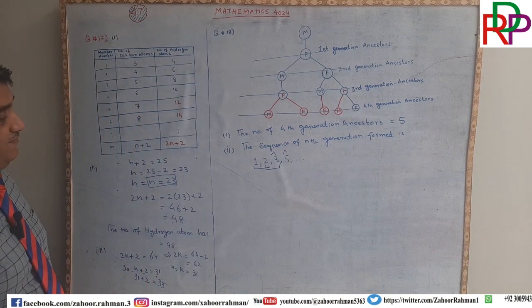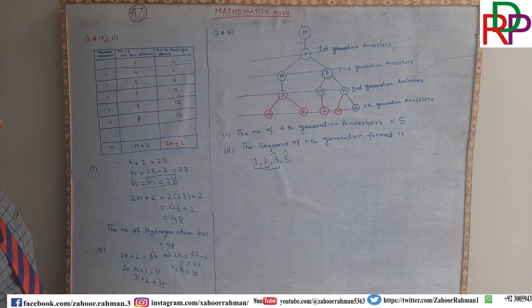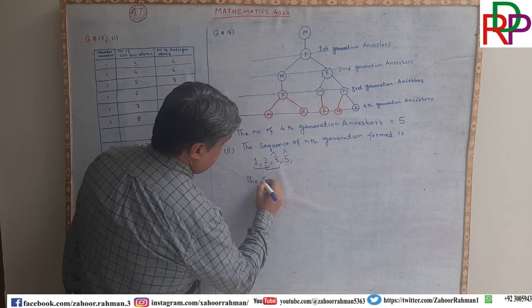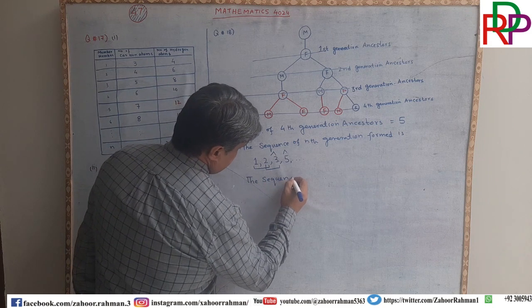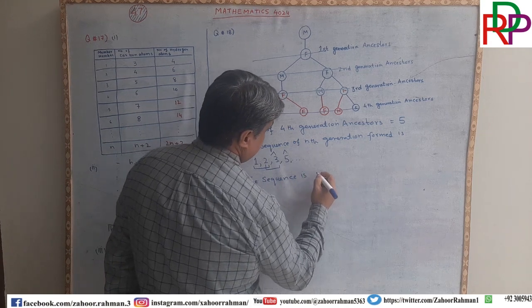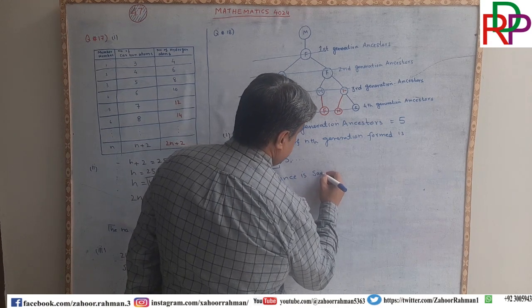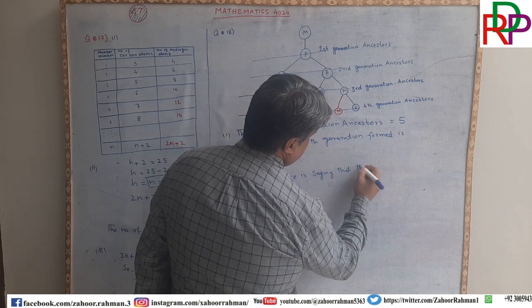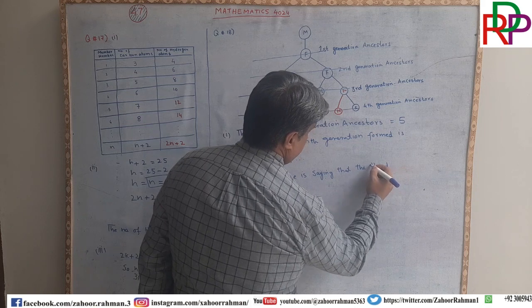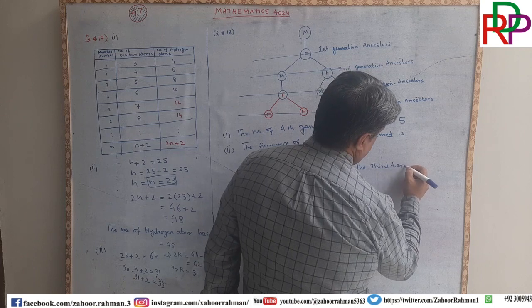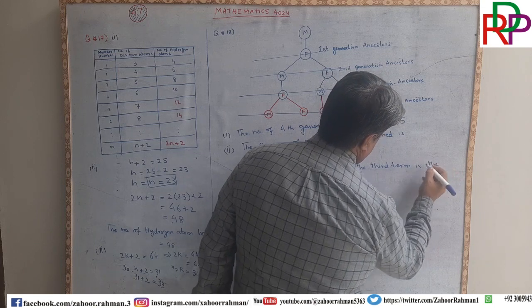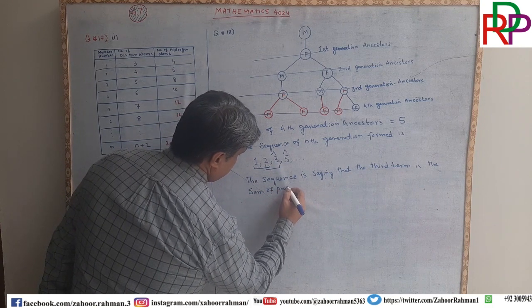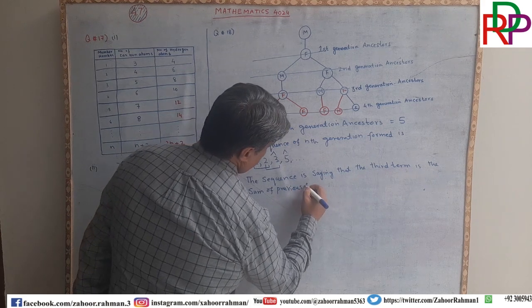Okay, we will deal with that in a moment, but first you have to consider that the sequence is saying that the third term is the sum of the previous two terms.